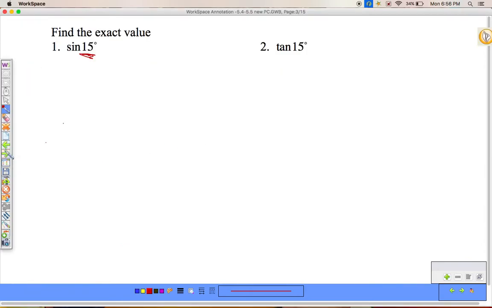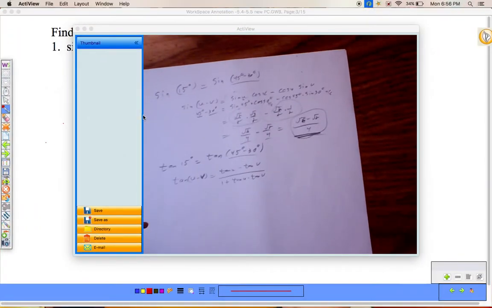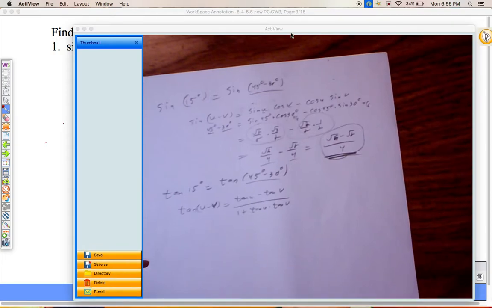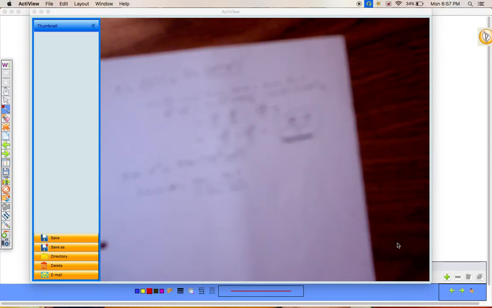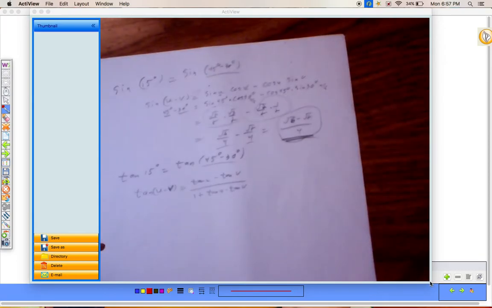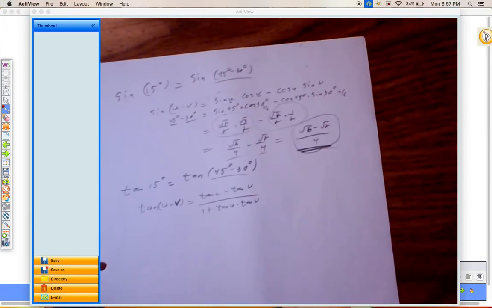Now I'm going to use the tangent of 15 degrees. We're going to plug into the formula, and we're going to make it work. I'm going to try to focus a little bit.